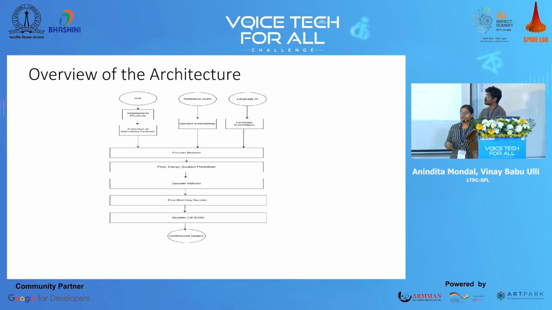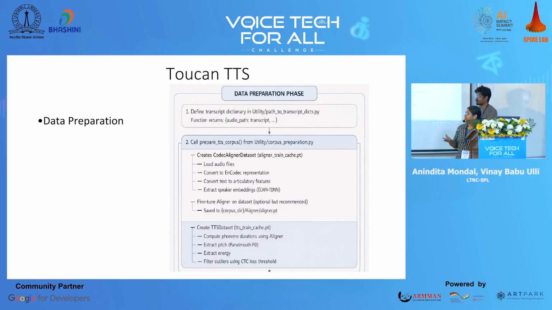So the first step of the model was the data preparation. In the data preparation, the first thing was to convert and normalize the text, since we can have digits and we can have code-mixed text. So we use the eSpeak NG phonemizer for converting the entire text into phonemes. Now there are 4 languages which are not supported in the eSpeak NG phonemizer.